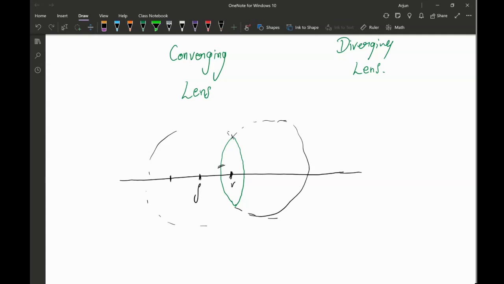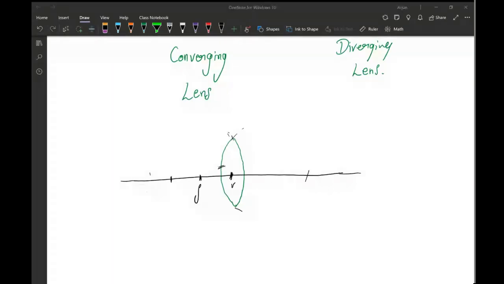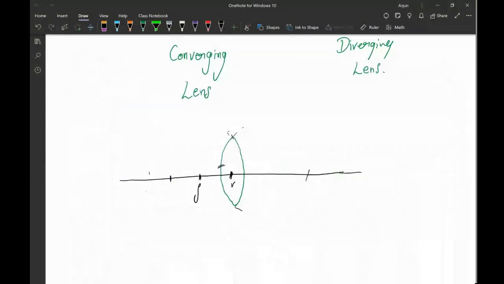So hopefully you were able to understand why I'm drawing the focal point and the center of curvature. So this is the focal point, the other one is the center of curvature. And on the other side also there will be a focal point, and then the center of curvature too.